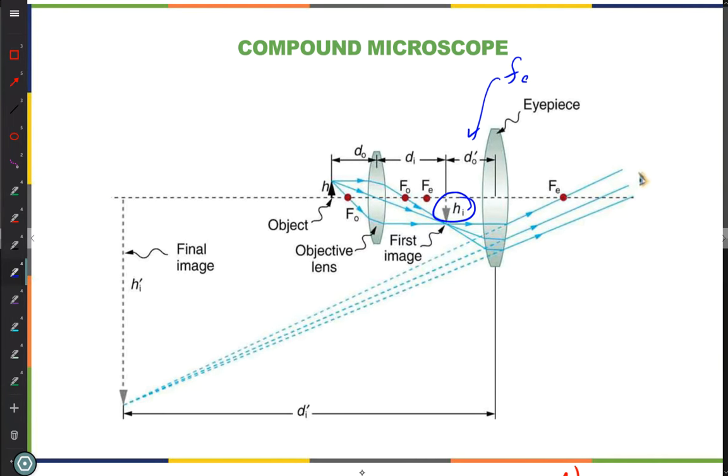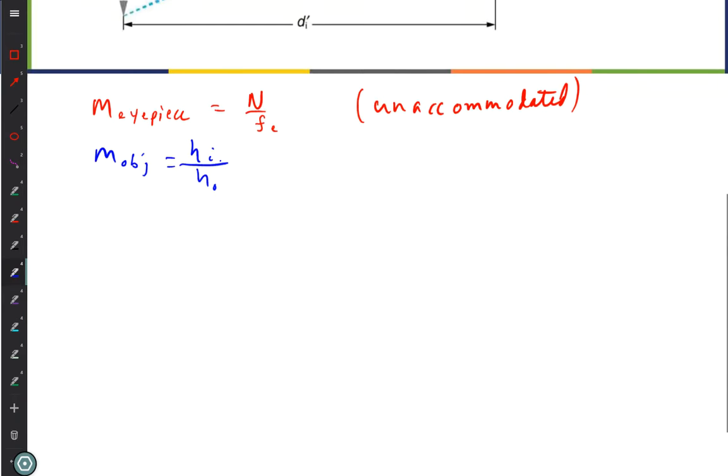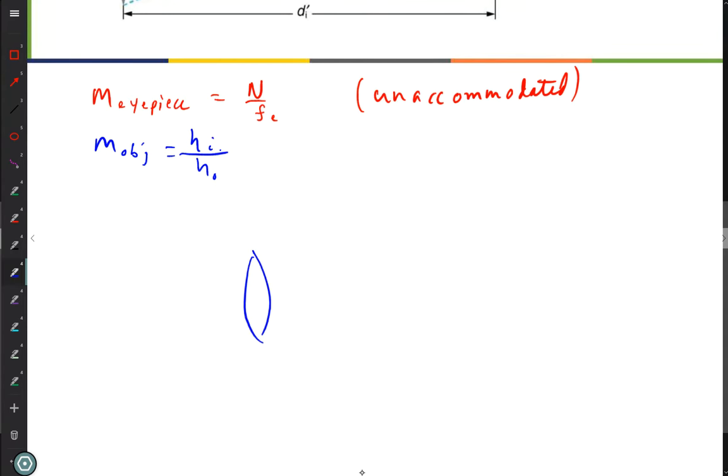Okay, this image here is the first image. This image here is the one we're looking at. You have the first lens, so here's my objective. Here's the object, and here's the image.